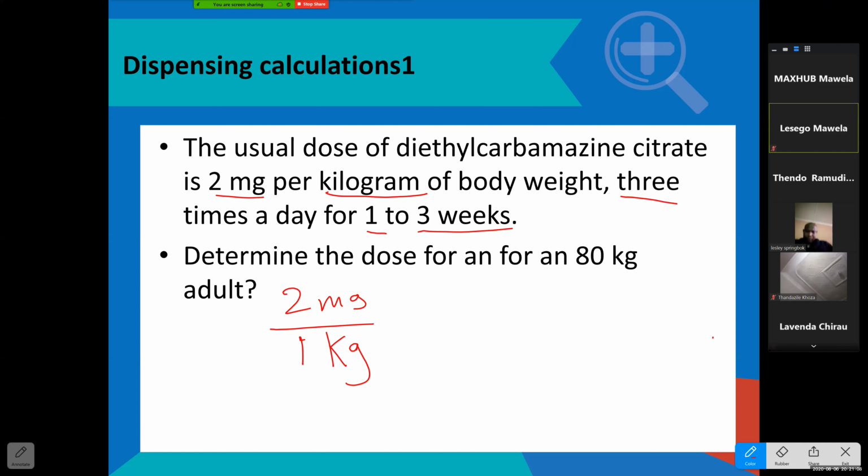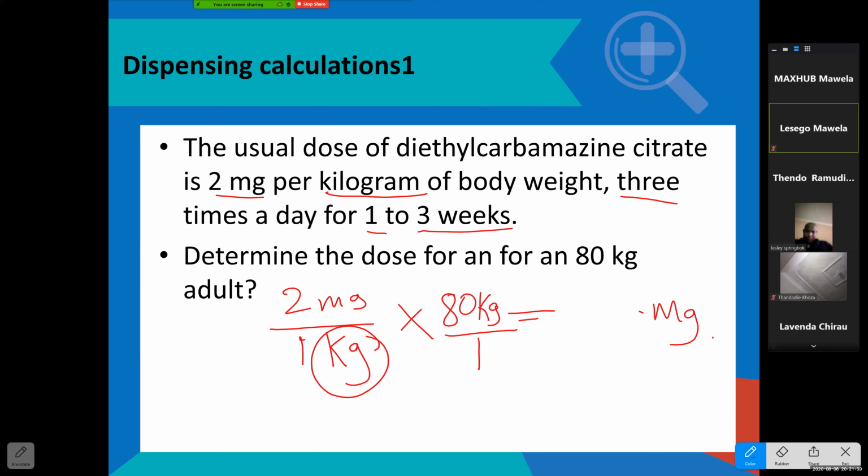If you look at mathematics, you know that for you to get an answer in milligrams, your mathematics must be such that this kilogram here will be cancelled. And how do you do that? By multiplying with 80 kilograms. That's why we are not dividing, because when they say 80 kilograms, it means it's 80 over 1.